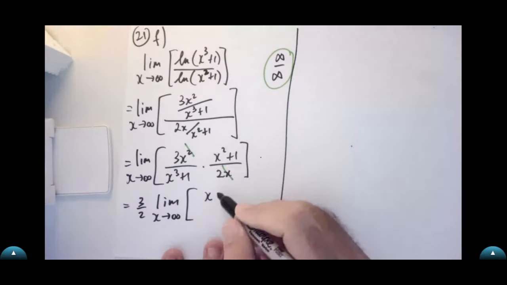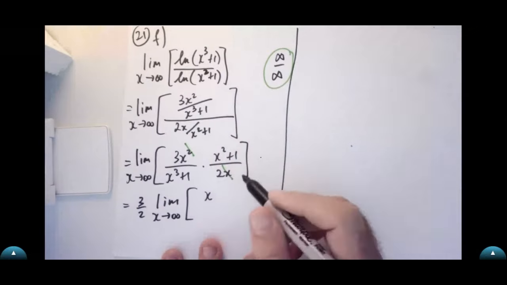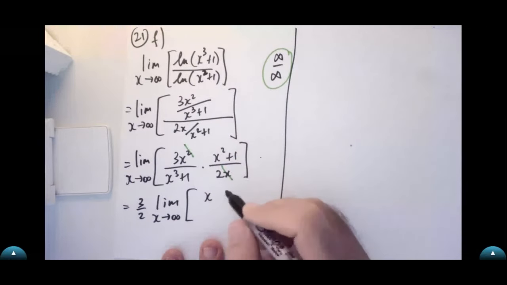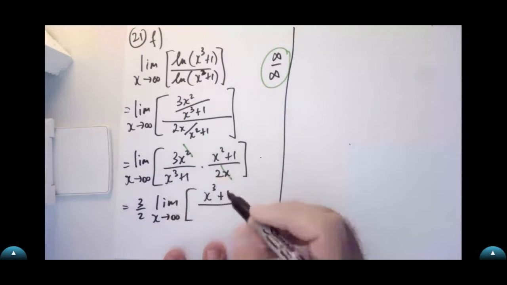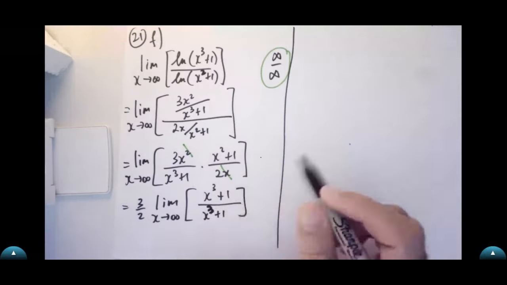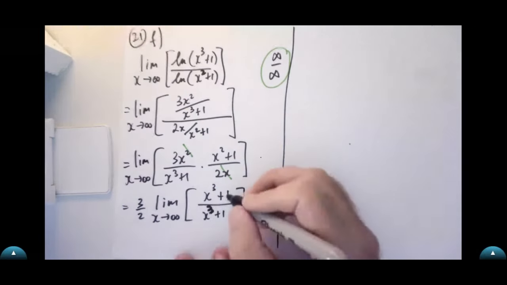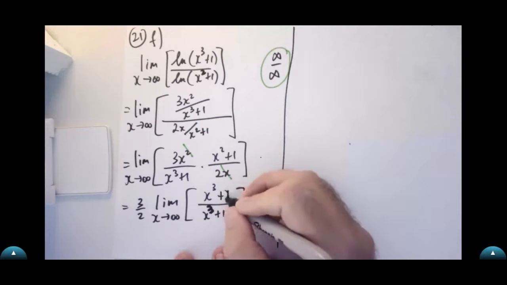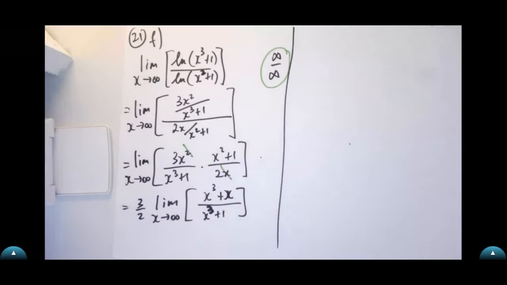So you can cancel those out. So you're going to get something like this. Oops, that's a cubed. Okay, plus x, sorry. Okay, so now it's just about taking this limit.